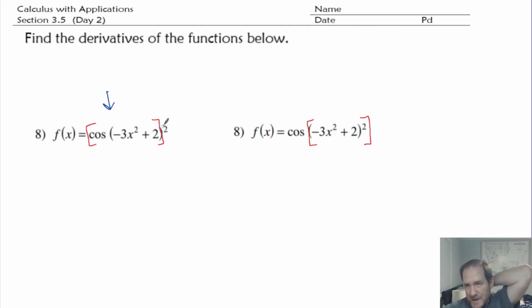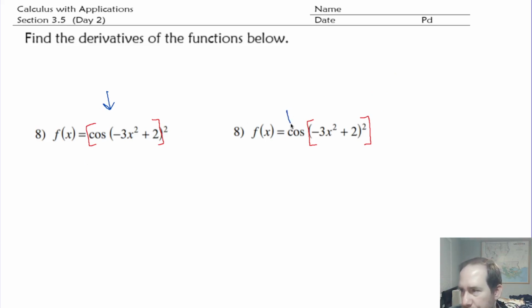Here, we would do power rule first, then we'd differentiate cosine, then we would still chain rule out the derivative of that inside function. Over here, we've only got a couple of nested functions. We would differentiate cosine first, then we'd differentiate the stuff that's getting squared, then we'd chain rule out the inside stuff. But these two things are very, very different, so which one is right?